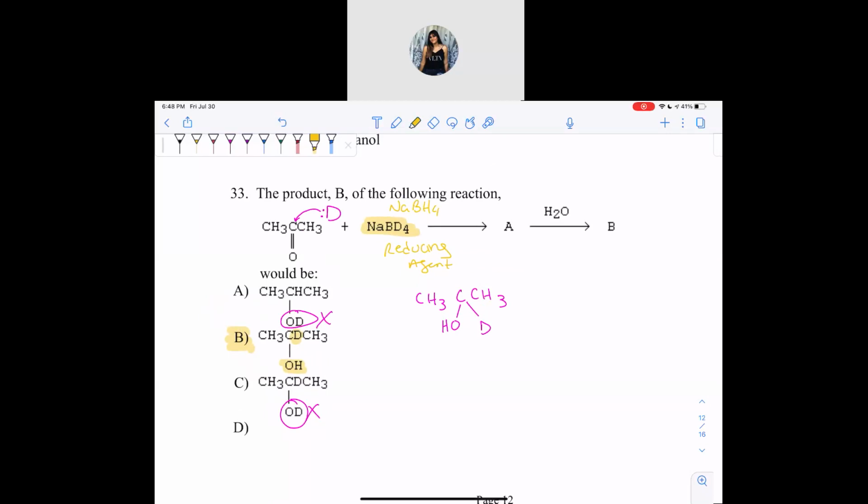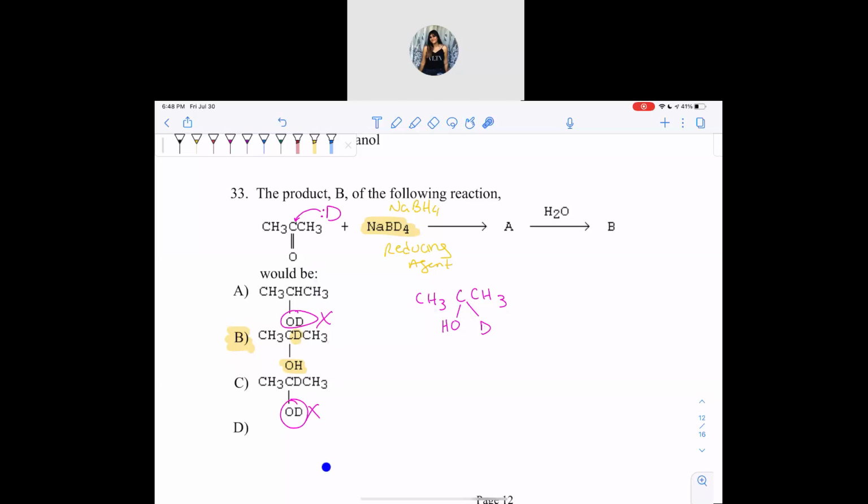NaBH4 is a reducing agent, so I know we're doing a reduction. And I know that a ketone gets reduced into a secondary alcohol, right? And I know that the H from NaBH4 is what does the reducing. Since we have NaBD4, we have to use a deuterium instead of a hydrogen. So if we use a deuterium to reduce, we're going to add a D and reduce this to an OH.